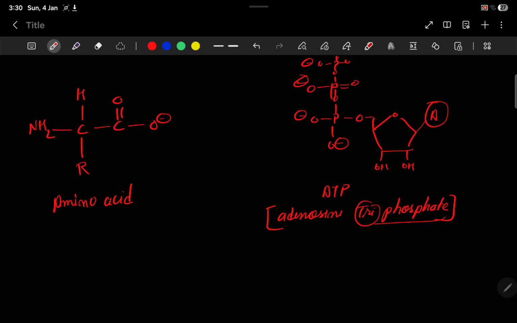Now this negative charge that we have, the electron will attack at P, and this bond will have to break.